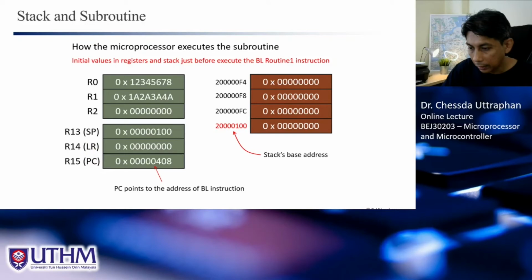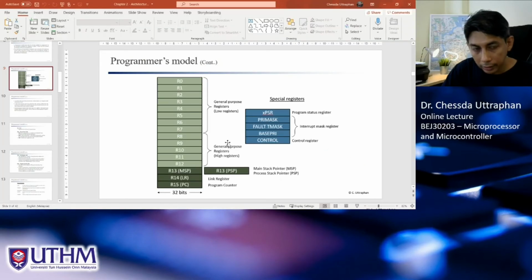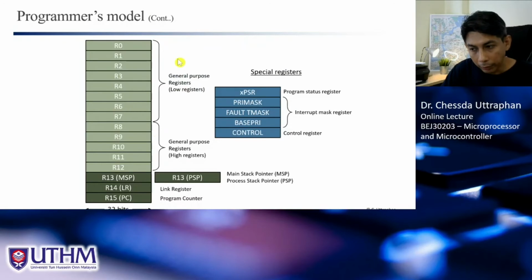Okay, again, going back to the programmer's model, we have 15 registers, R0 until R15, and these three are special purpose registers, right? The first one is the stack pointer, this one is LR, the link register, and this one is PC, the program counter.